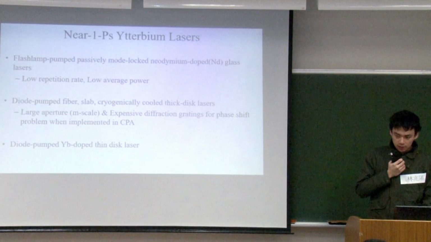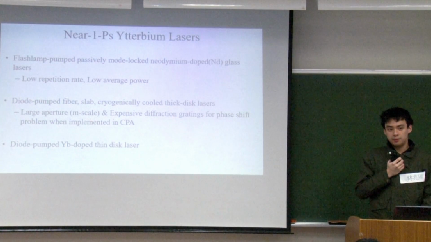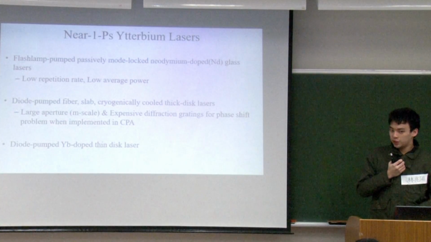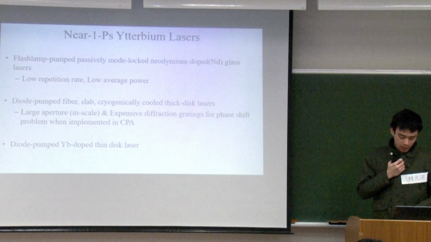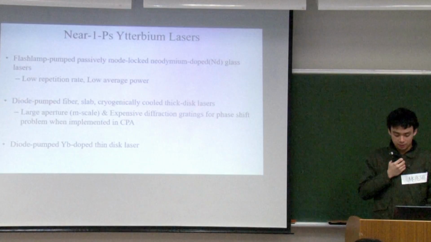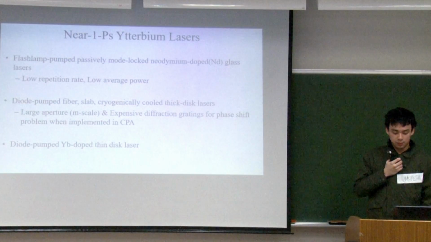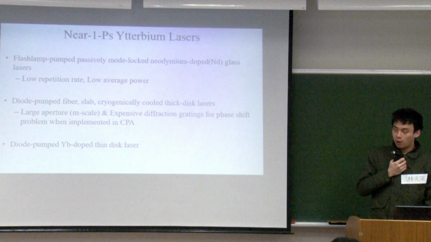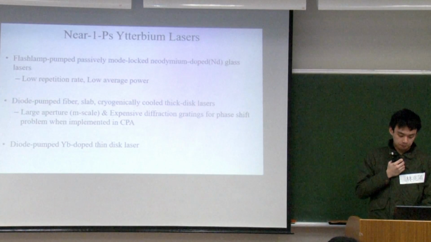So since we want to build a stronger amplification system, we need a better performing pumping system. So we need to go back to discuss our 1 picosecond pumping pulse.